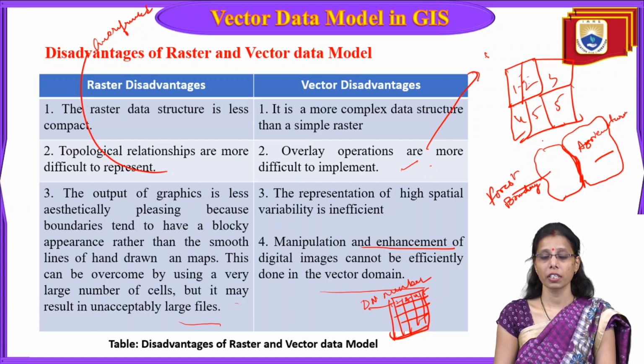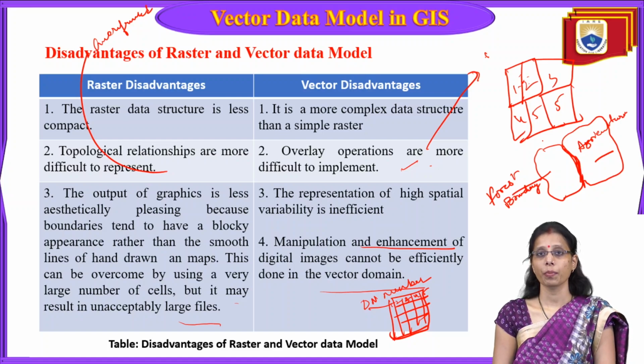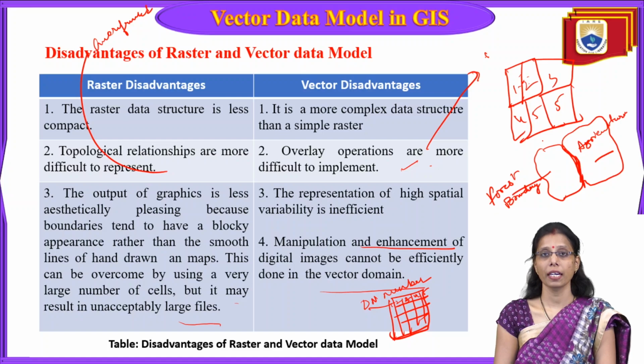In the previous lecture we studied the raster data model: grid, in-grid and map model. Now here we have studied the vector data model: the spaghetti model and the topological model. So there are only two ways of representing the data which we receive from the real world. That data is represented either as raster or as vector, in the form of a grid format or as point, line and polygon.